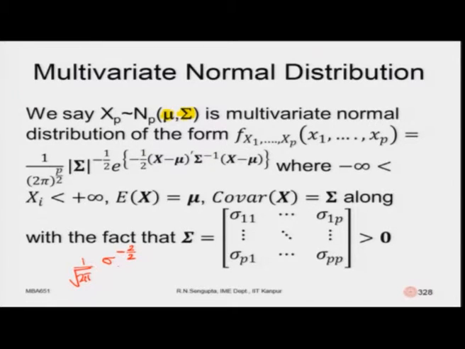So, in this case I write this part as 1 by 2 pi sigma square to the power minus half, and this we will see again a one-to-one correspondence. Sigma square is the variance covariance value, which in the univariate case is one value only.